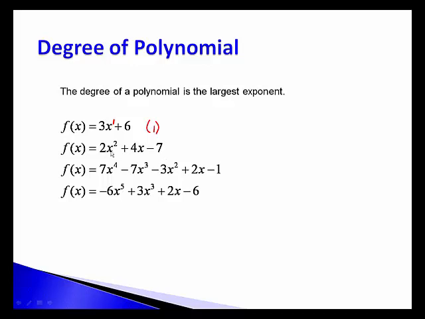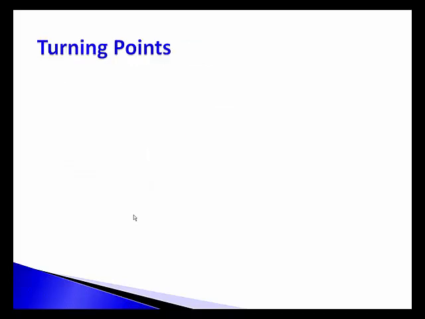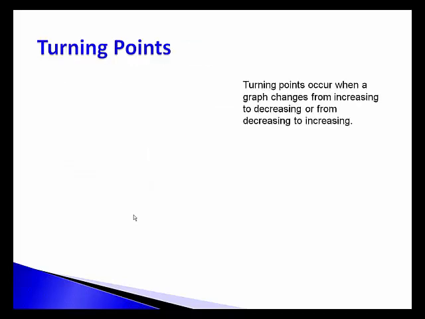This one has a degree of 2. It is a second degree. Here it's a fourth degree, and here a fifth degree polynomial. Once again, if you will write it in descending order, that leading coefficient and the degree will jump right out at you.